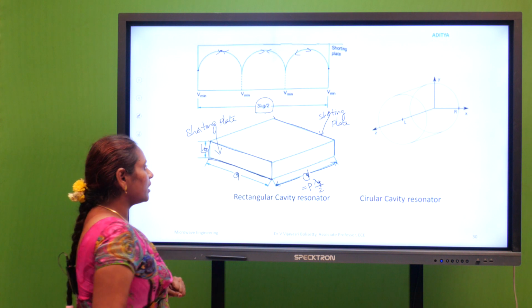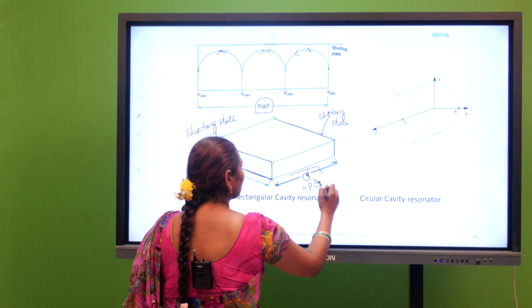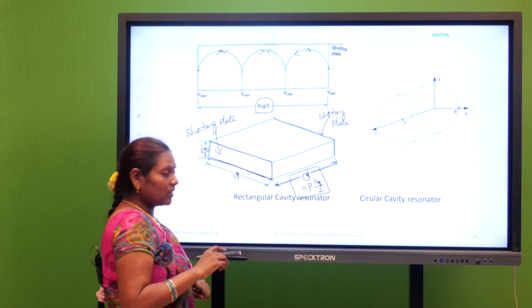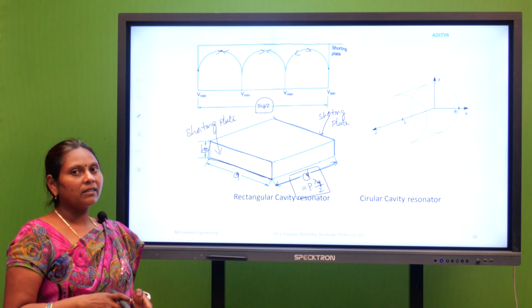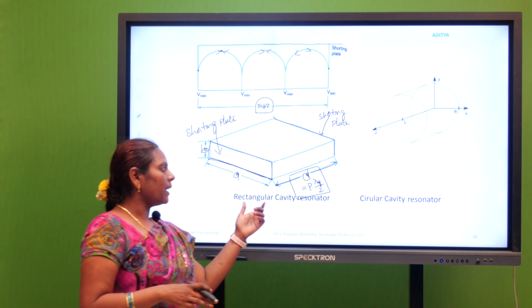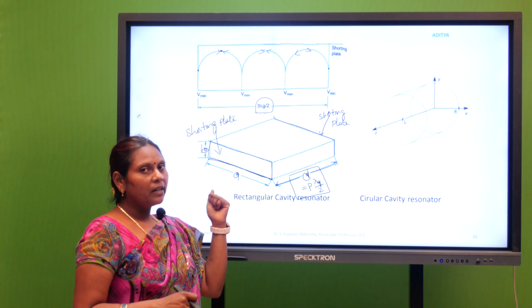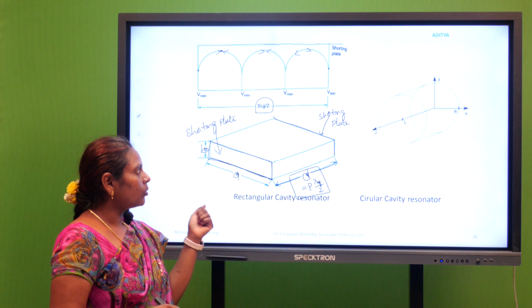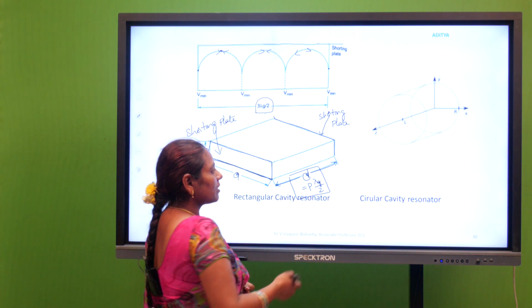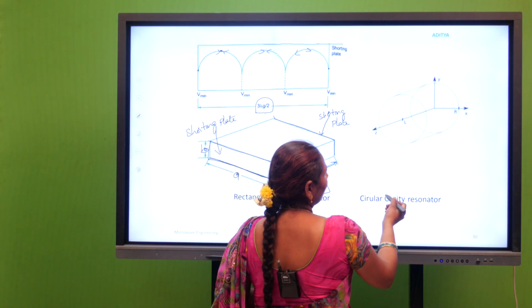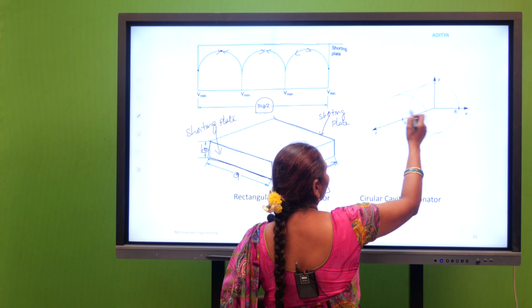So, the condition for resonance is that the depth of the waveguide, that means the distance between the shorting plates, should be an integer multiple of lambda g by 2. Similarly, if it is a circular waveguide, then also we have two shorting plates.